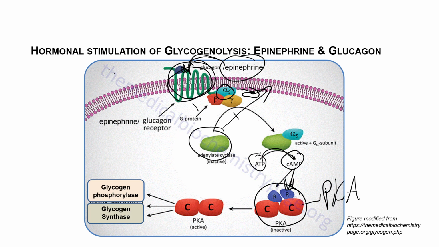So this should tell you something. When epinephrine levels rise inside of the bloodstream during exercise, protein kinase A levels within our skeletal muscle cells will increase. Just for clarity, this is showing cyclic AMP putting PKA into its active state over here.